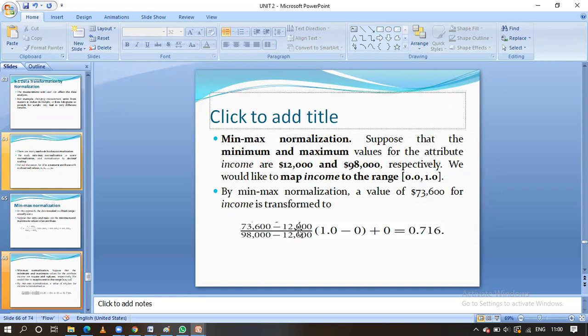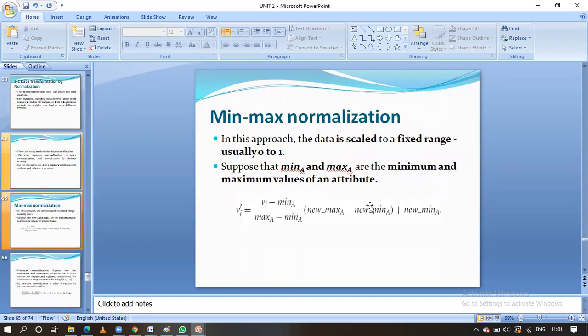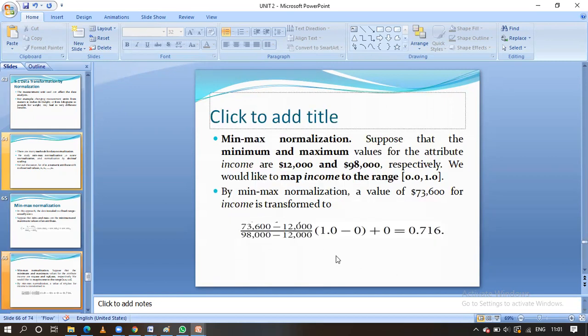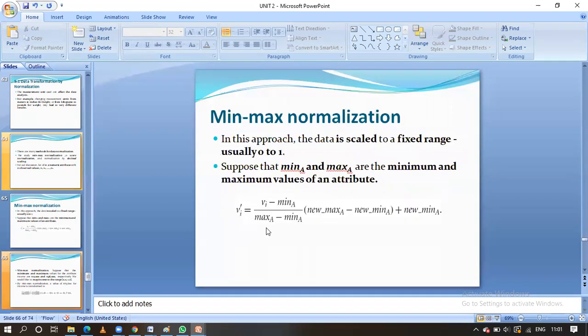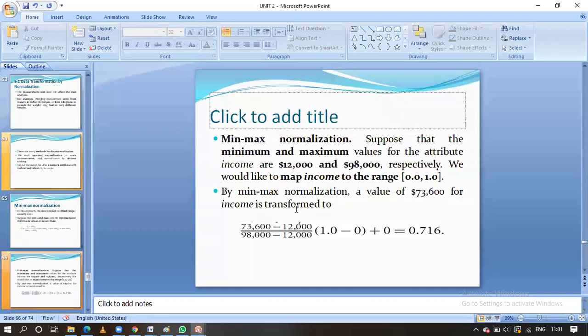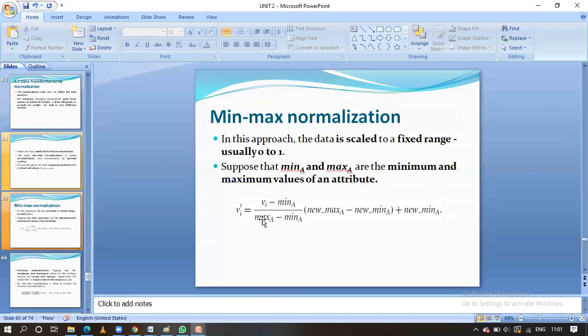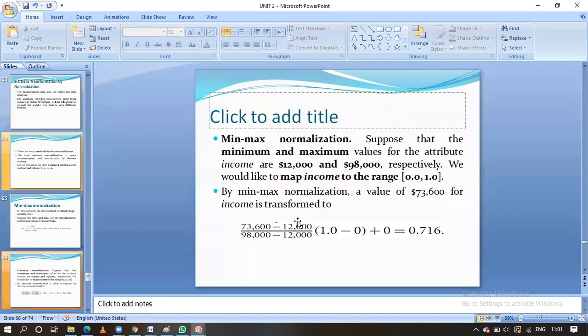We know the minimum and maximum values of the original data, and the new minimum and new maximum also. We just have to substitute those values in this formula. Va is the value we are going to calculate, that is 73,600. Minimum A is 12,000. In the denominator, max A minus min A: the maximum value is 98,000 and the minimum is 12,000.